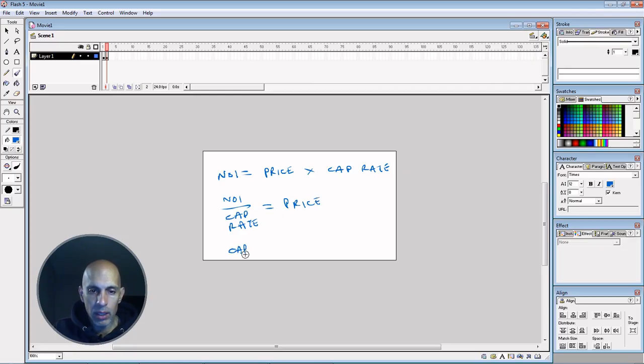Cap rate over NOI is equal to 1 over price. And that means cap rate is equal to NOI over price, because all you're doing is multiplying both sides by NOI to cancel them out.